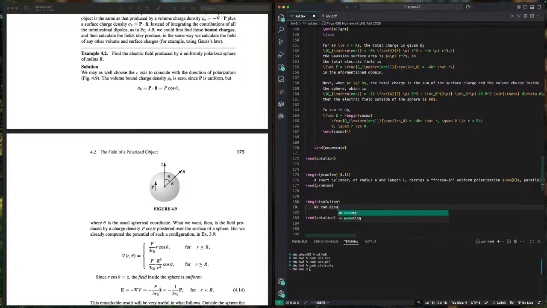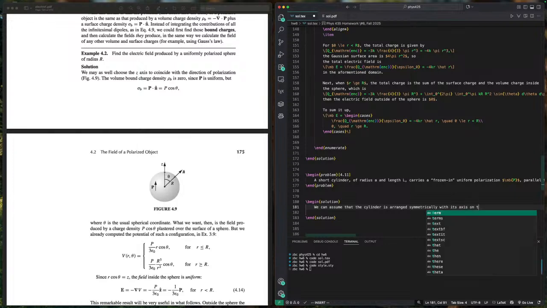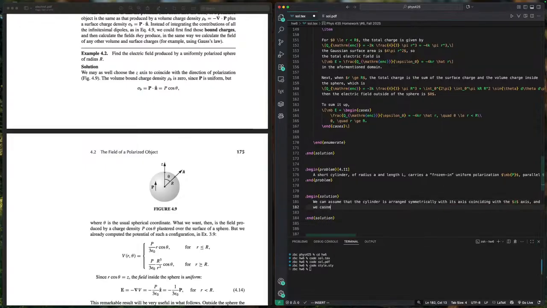We can assume the cylinder is arranged symmetrically, with its axis on the z-axis, and we can model it.